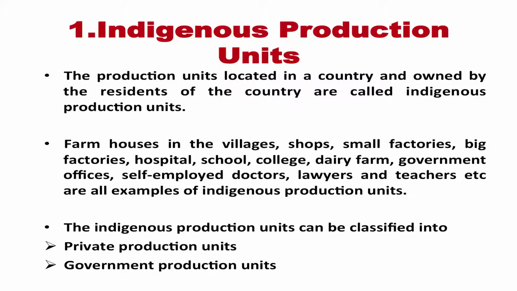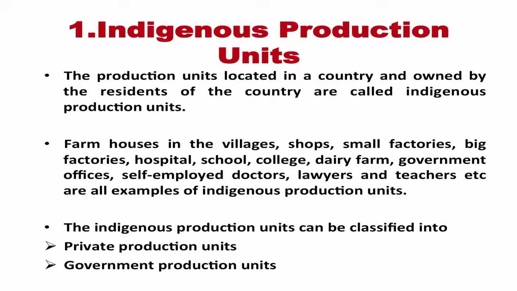Around us, most of the production units are indigenous. Farmhouses in villages, shops, small factories, big factories, hospitals, schools, colleges, cinema halls, restaurants, dairy farms, government offices, self-employed doctors, lawyers and teachers, all are examples of indigenous production units.